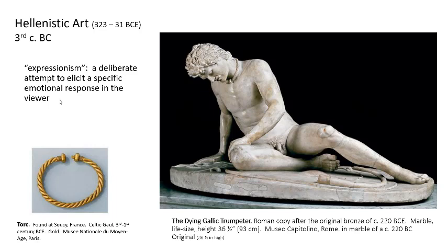The Dying Gallic Trumpeter. Back when I first learned about this piece, we just called him the Dying Gaul. We know he's a Gaul for several reasons, which I get to in the next slide, so I won't spend too much time on it now. This is a Roman copy after an original bronze. That's often what we get, as you've learned in your readings, because many of the Greek bronzes were melted down over time.